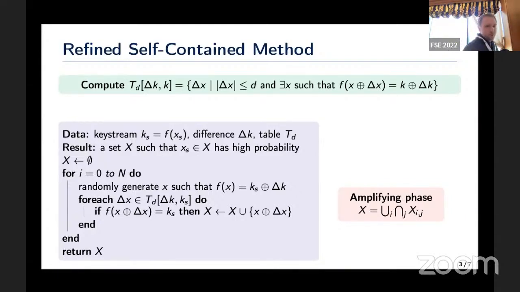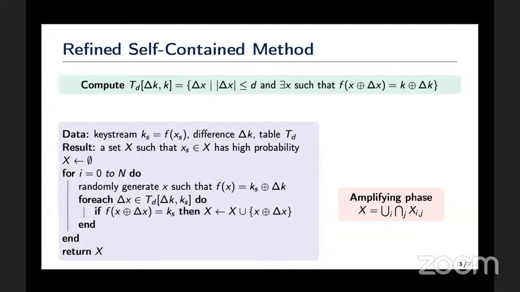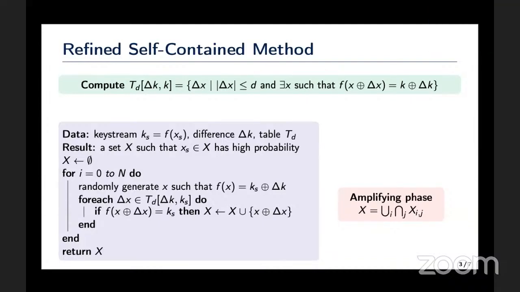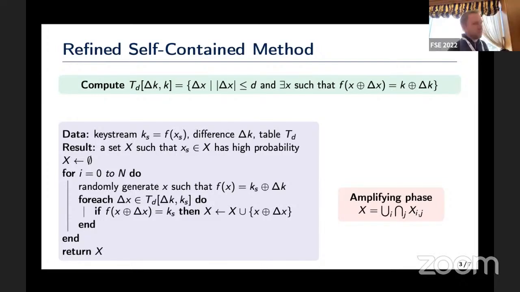The other inputs are not really relevant. But at the end of this algorithm, you will output a set X, which contains the value which generated KS with a good enough probability. This is a random, heuristic algorithm. So at the end, you perform an amplifying phase in which you generate many sets X and you take the union of the intersection of those sets.